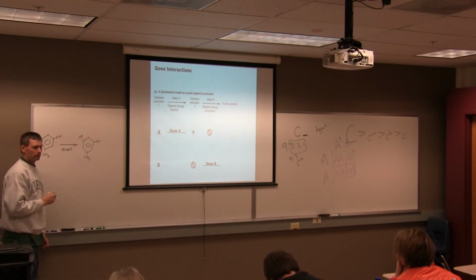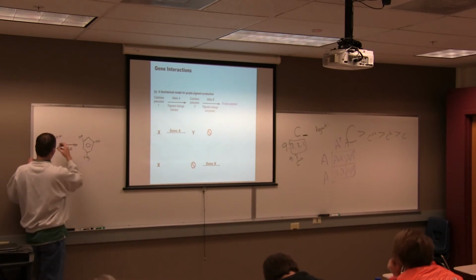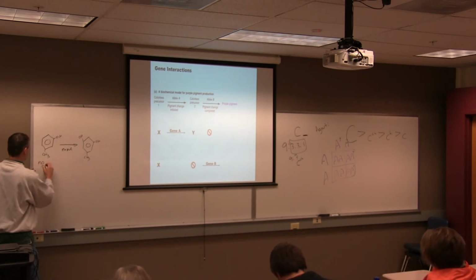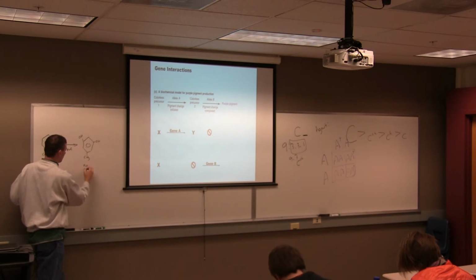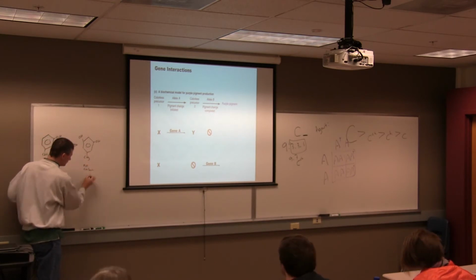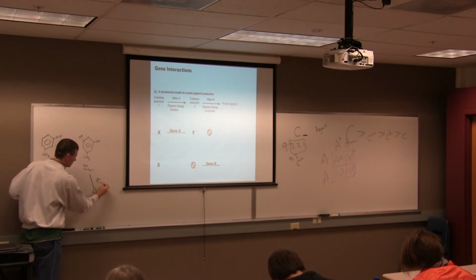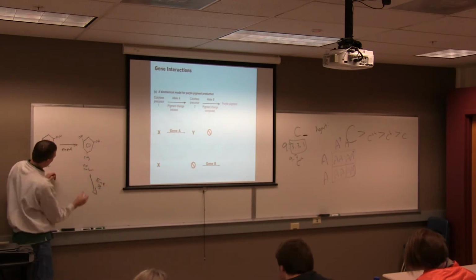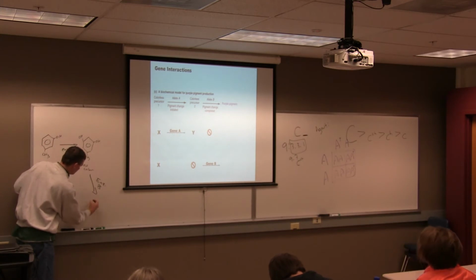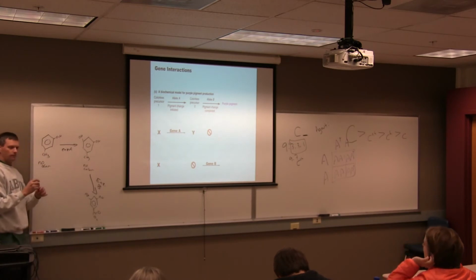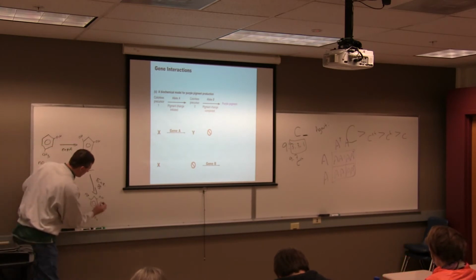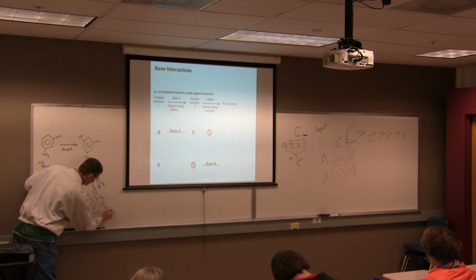Let's just say we do that. So this is no color. It's a colorless compound. When we add this on here, it's still a colorless compound. And then we have enzyme B, and this guy maybe converts some methyl into something. Right? And this is now purple. This compound is purple. Color.